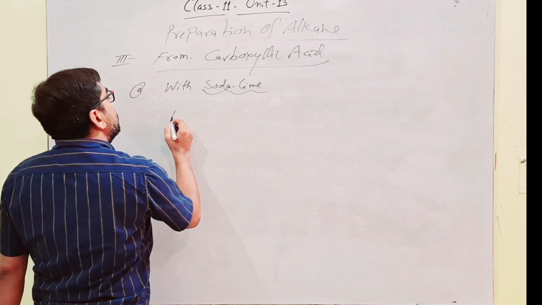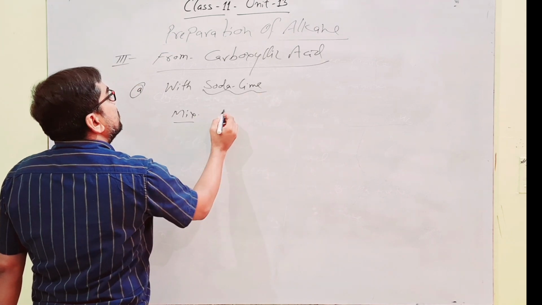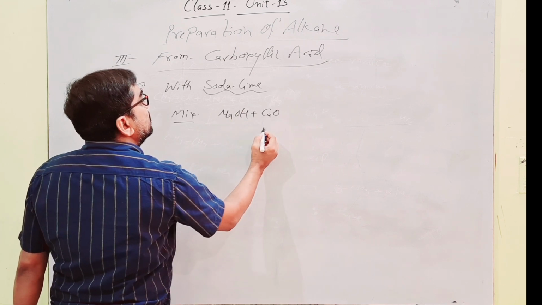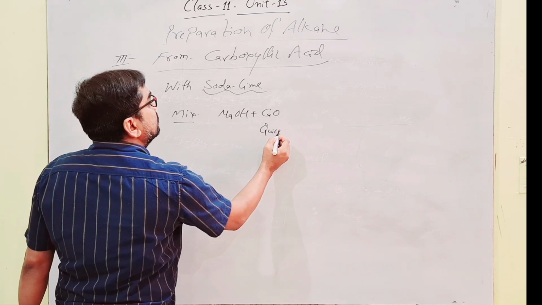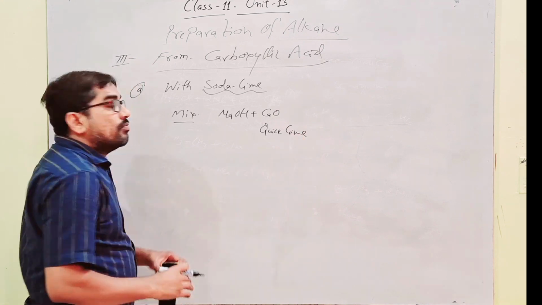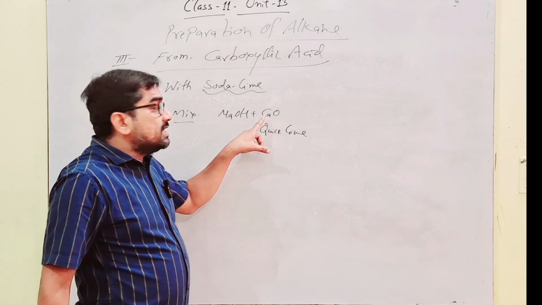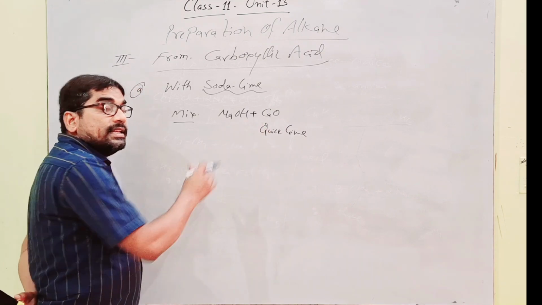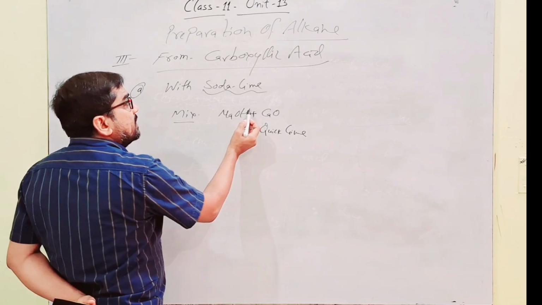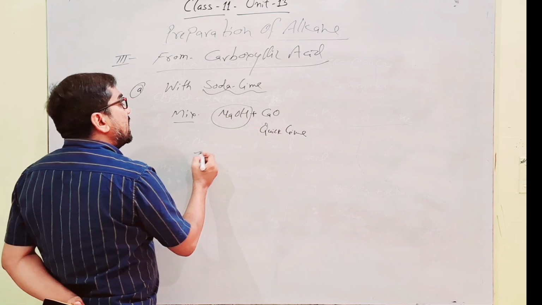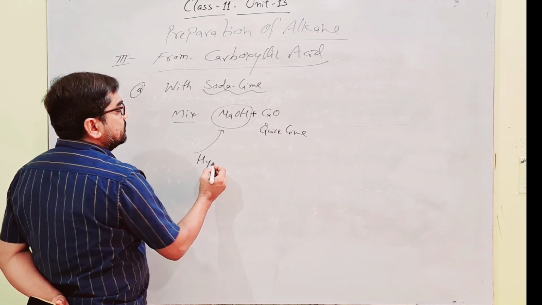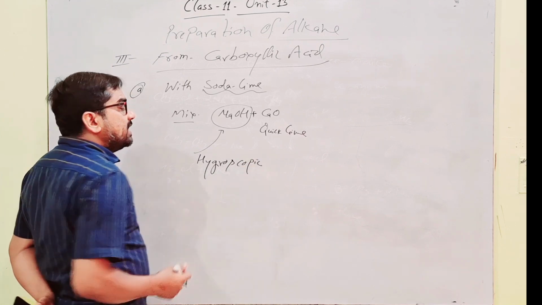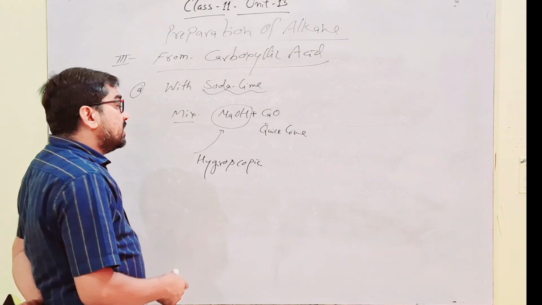Soda lime is a mixture of NaOH with CaO, which is called quicklime. NaOH plus CaO. Why is this mixture used? Because NaOH is hygroscopic in nature. What is hygroscopic? It absorbs moisture from air.